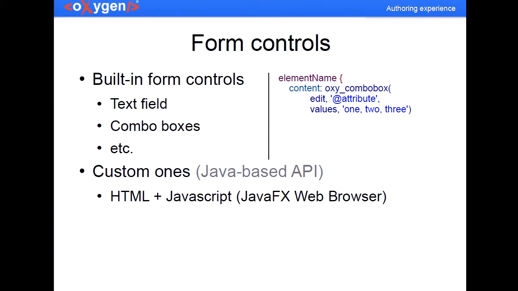So what I want to propose now is a custom form control in which you will mainly use HTML and JavaScript. Underneath, it will have a web browser that will render in JavaFX. First, let me show it to you in action, and afterwards I'll go into the details.